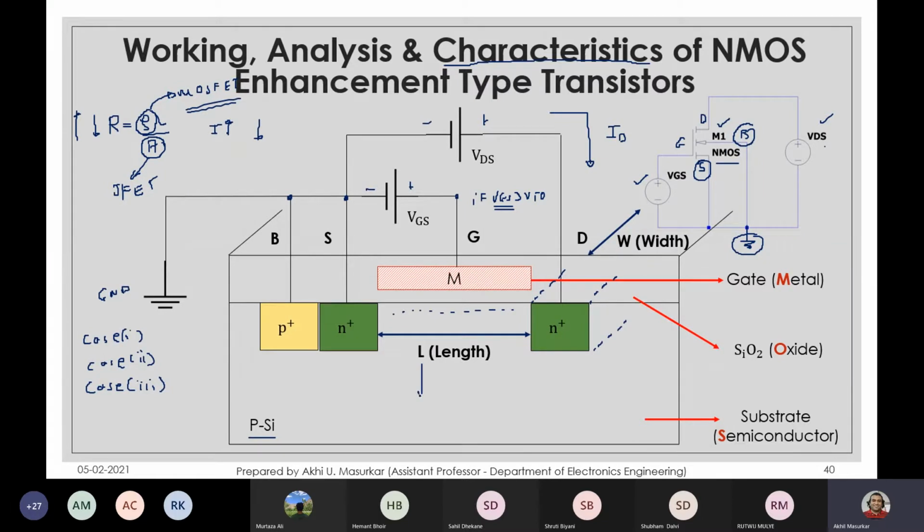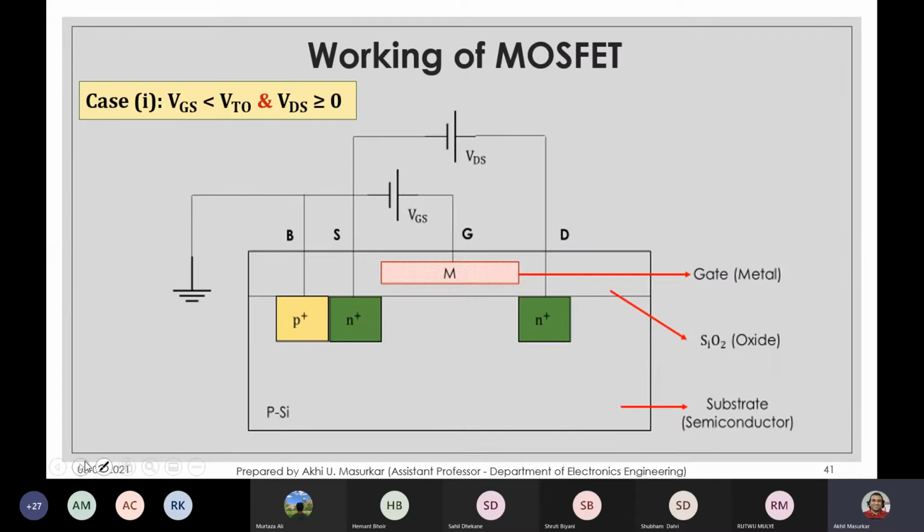So L is mostly constant, and what we generally change can be changed. So the diagram is the same.